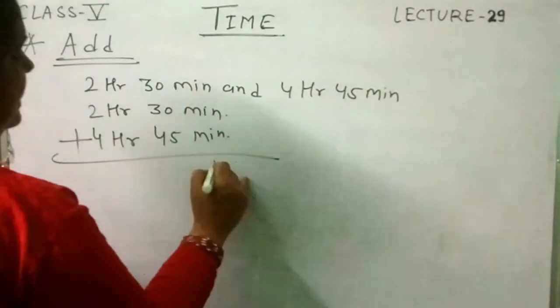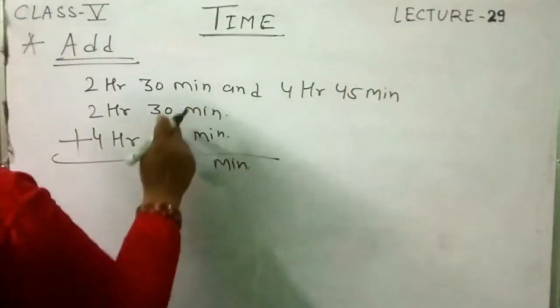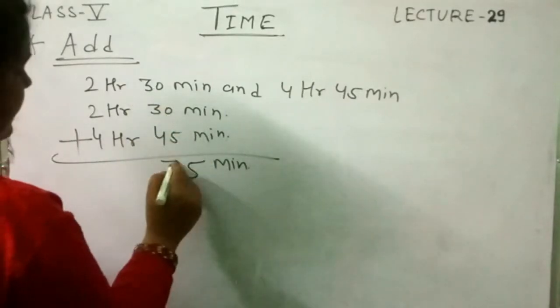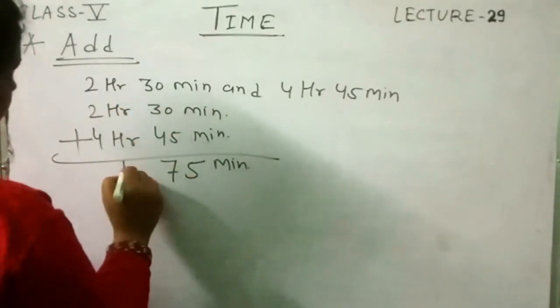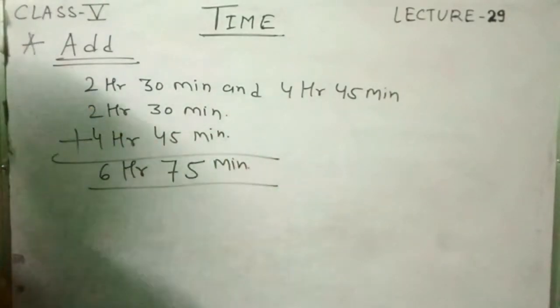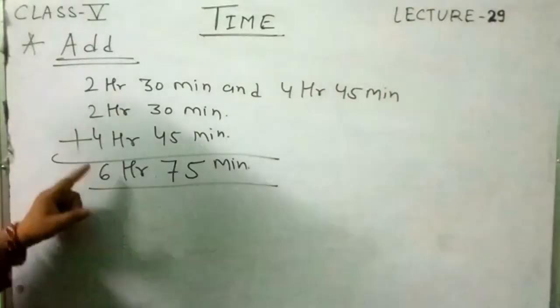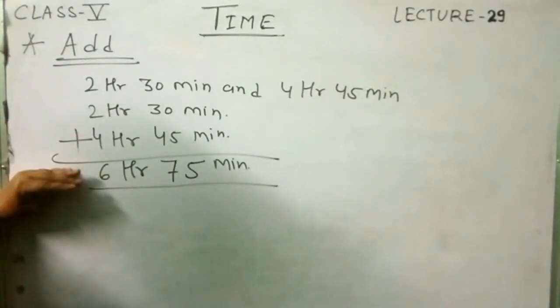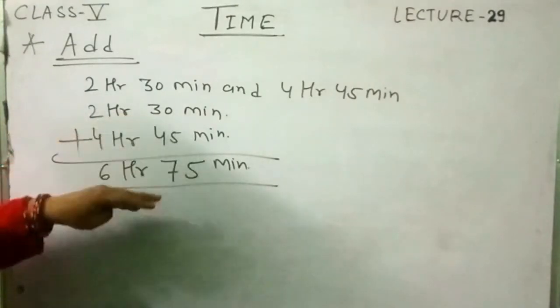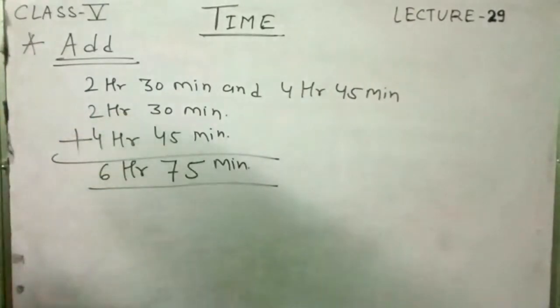Write here minute, write here minute, and 0 plus 5, 5. 4 plus 3, 7. Write here hour, 4 plus 2, 6 hours. See here, students. First you write as it is, like a simple addition, and after then see.